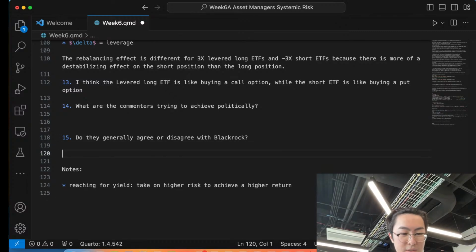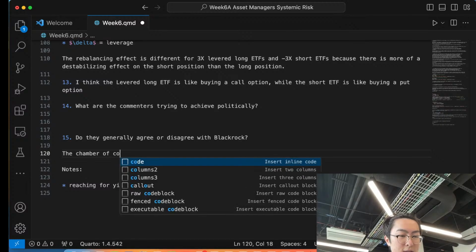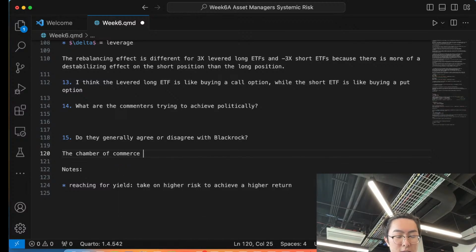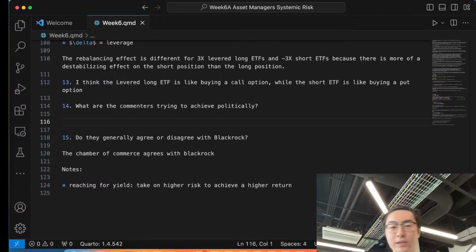So it seems like the Chamber of Commerce guy agrees with BlackRock. Okay, so I think maybe politically they are trying to prevent regulation.